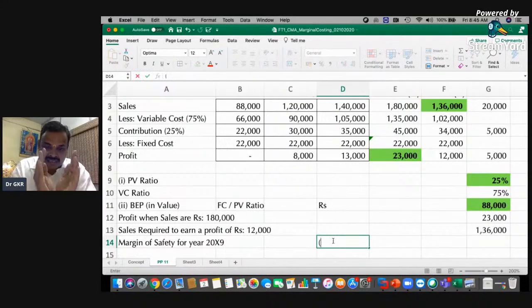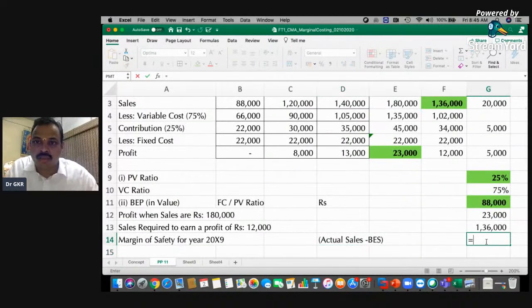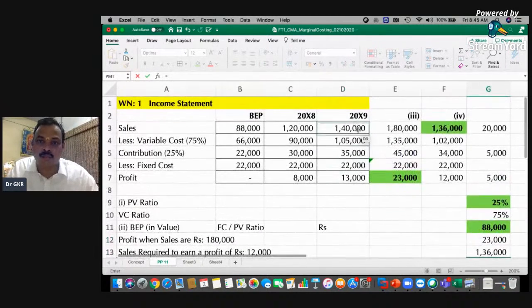What is the distance between your actual sales and your break-even sales? So what is your actual sales for 20X9? 1,40,000. Break-even sales is how much? 88.